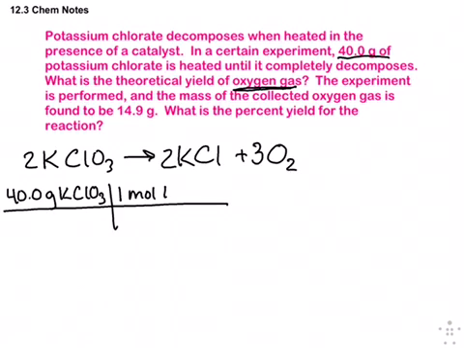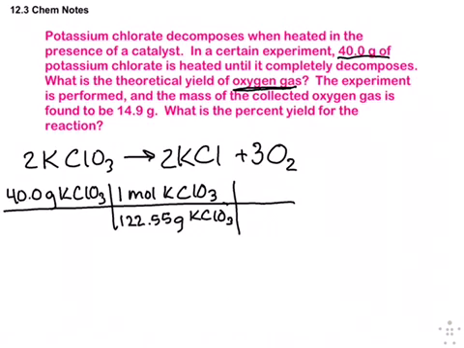You do that with the molecular mass from the periodic table. Your molecular mass is 122.55 grams of potassium chlorate. And you get that from doing the 1 atom of potassium plus the 1 atom of chlorine plus the mass of 3 atoms of oxygen.